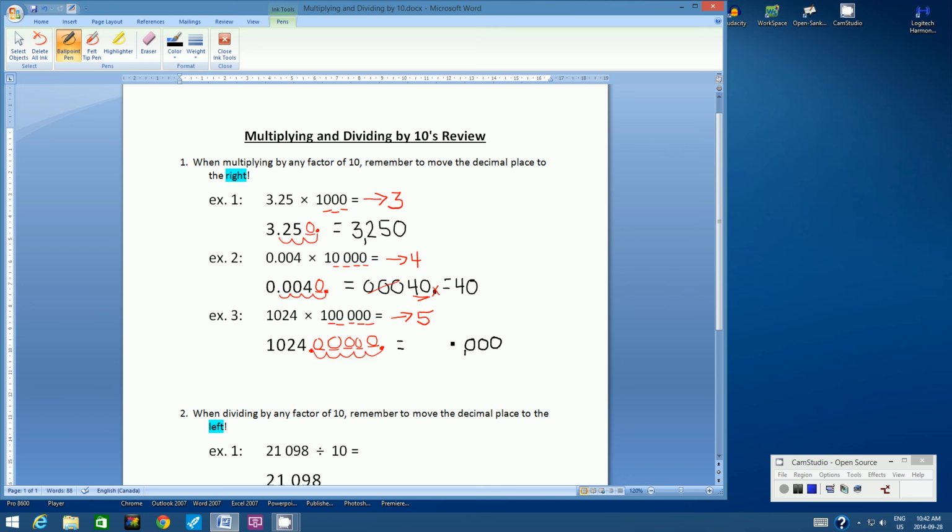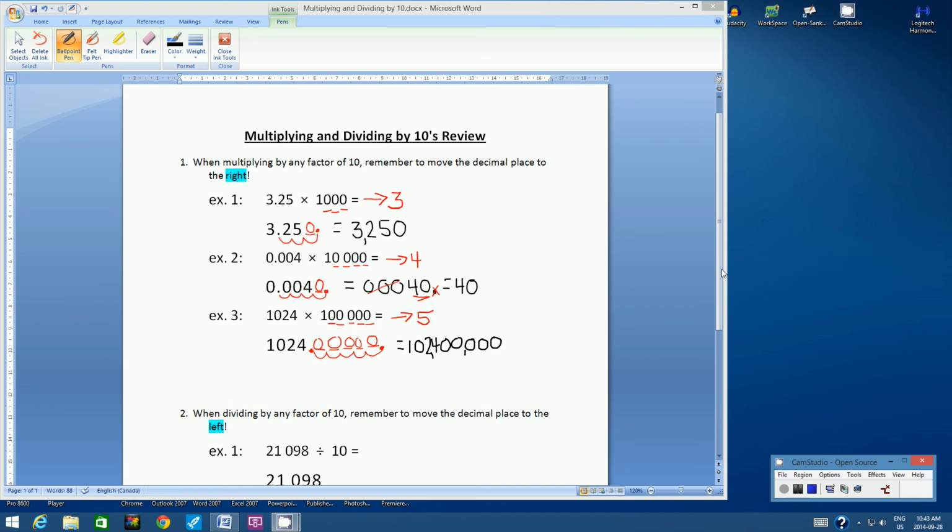I'll put a comma. 0, 0, 4, put a comma, and then we have 1, 0, 2. So we actually have a very large number, 102,400,000. Because it's a whole number, we do not put the decimal place at the end of the number. Okay, so that's the review for multiplying.